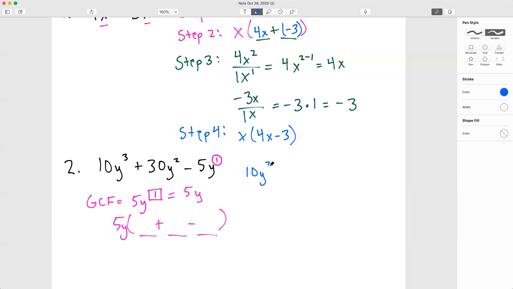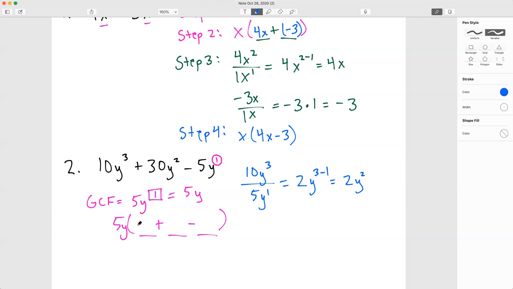So 10y cubed over 5y. Well, 10 divided by 5 is 2, and then y to the third over y to the 1 is y to the 3 minus 1, which equals y squared. So that's 2y squared.